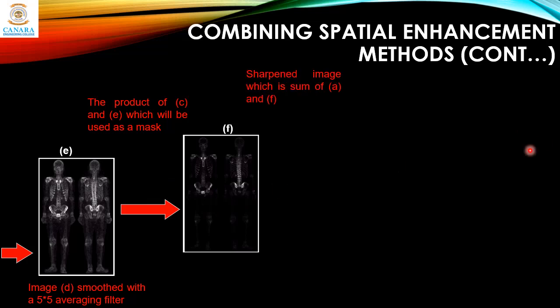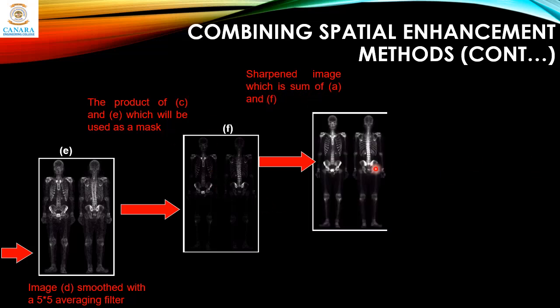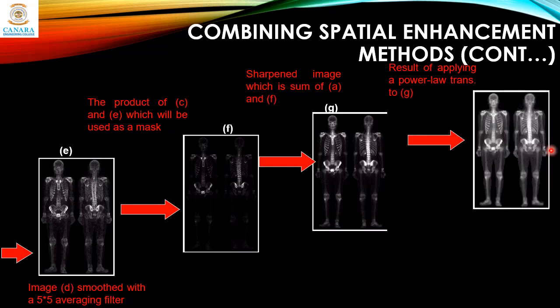Next, if you add the first image A and F, you will get this image as output. And finally, we are going to do a power law transformation on that image, and that will result in this image. So this is the output image after we apply all these spatial enhancement methods.